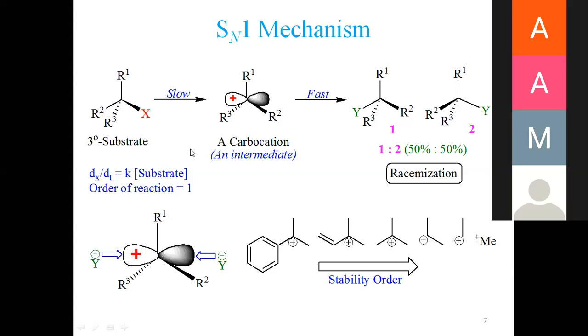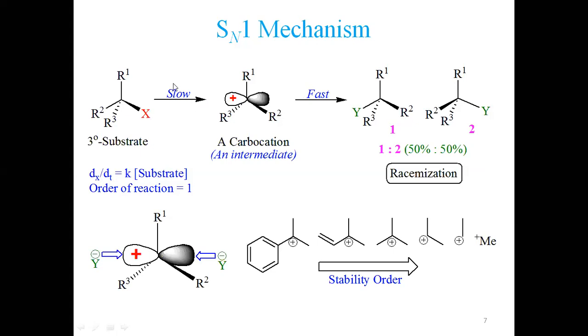It is first order with respect to substrate, and zero order with respect to nucleophile. Why? Because the nucleophile is participating in the second step. It is not involved in the first step, and the first step is the slow, rate-determining step. It has slow kinetics, and if you remember, the reaction always depends upon the slowest step. So this is the slow step, and it has only one reactant involved.